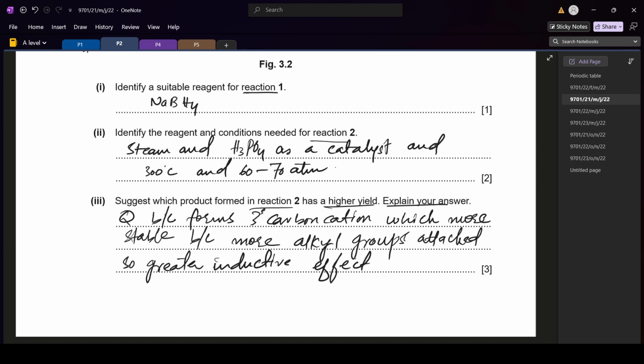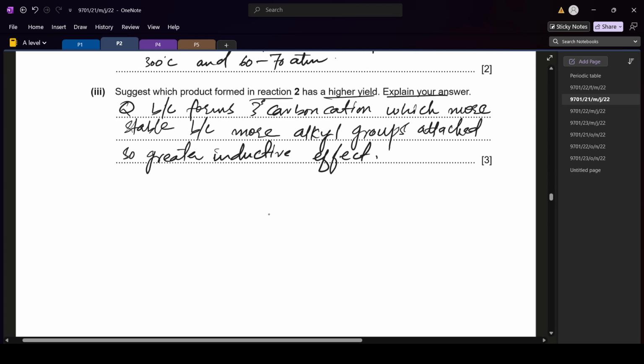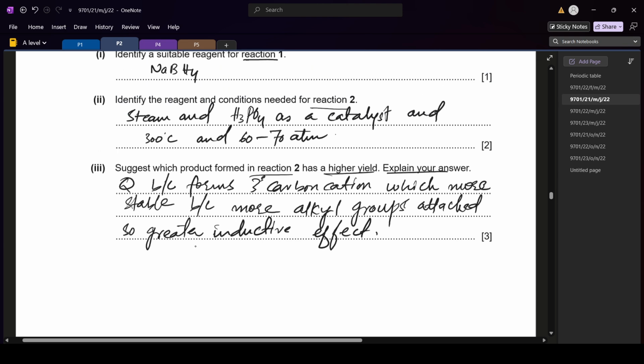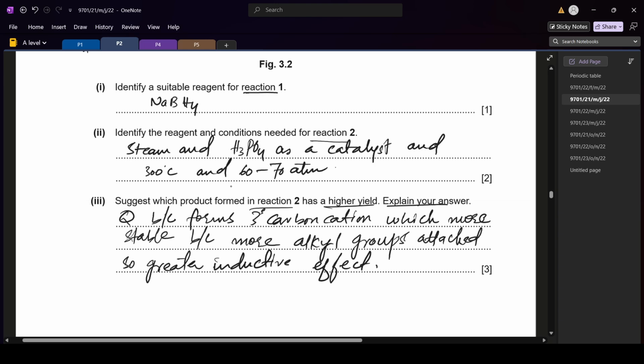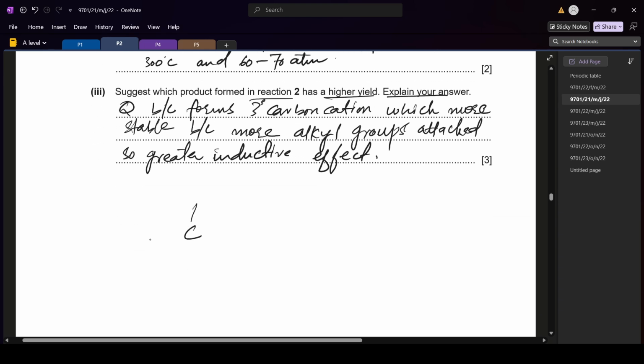Alkyl groups are electron donating groups. So this will form a carbocation like this.